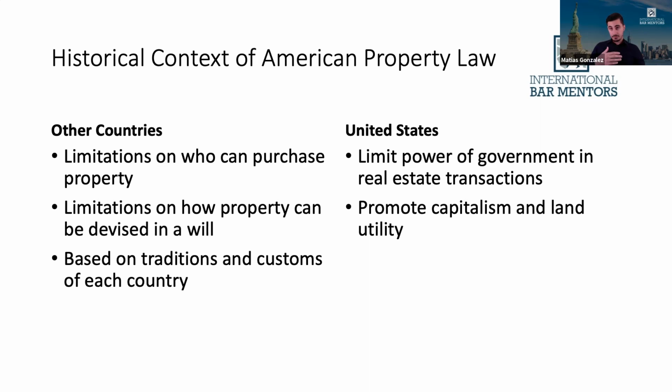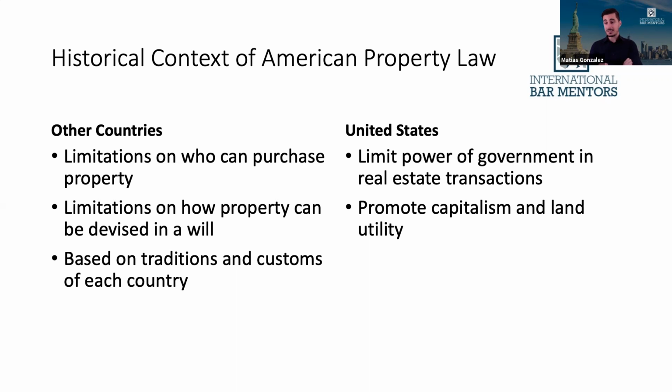For example, a lot of civil law countries have legacy statutes, which means that you can only give a portion of your real property, your estate, to someone who is not your child, but not all of it. All of these laws are based on the traditions and customs of each country, and they prioritize different objectives when it comes to who is going to own property and how and why.